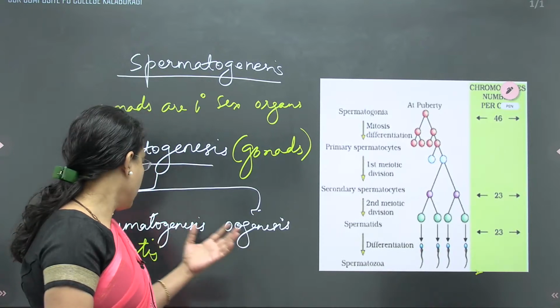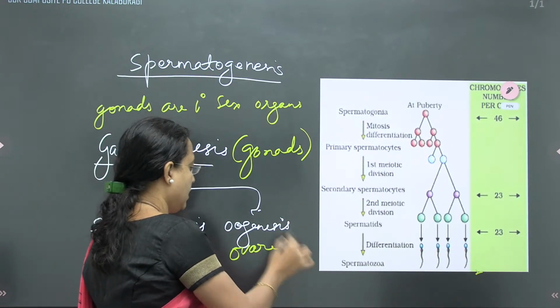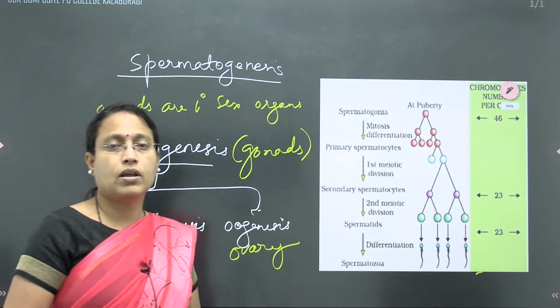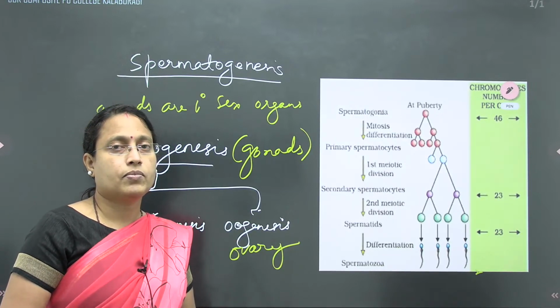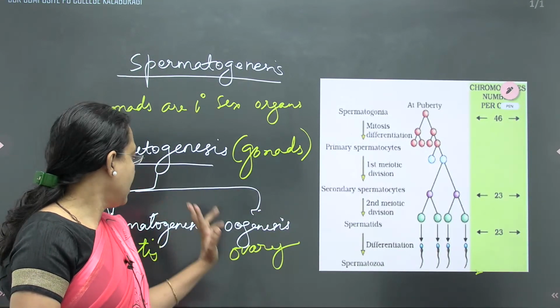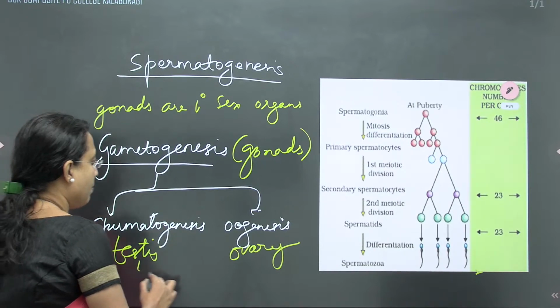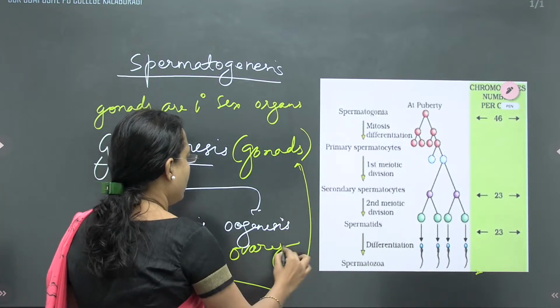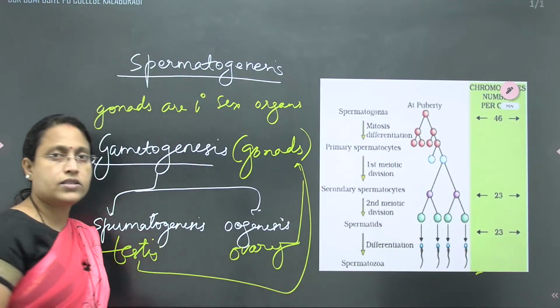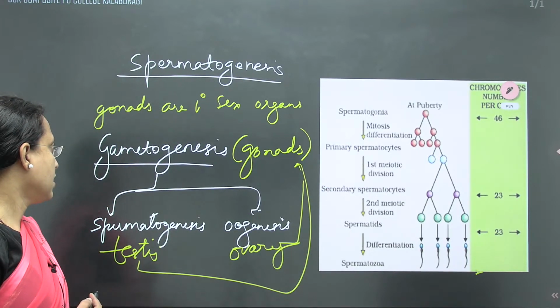Oogenesis is going to occur again in an organ, the ovary. So these two are examples of gonads.